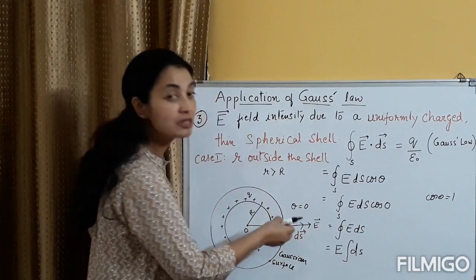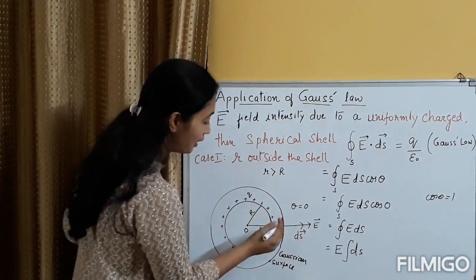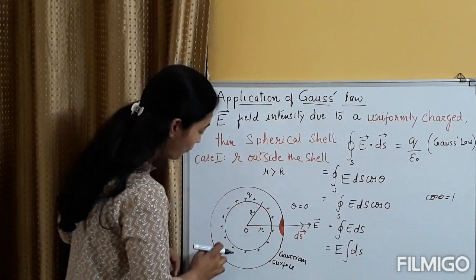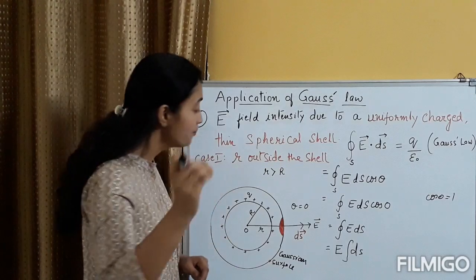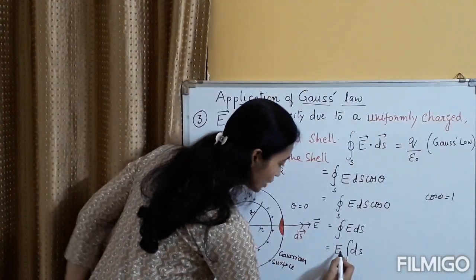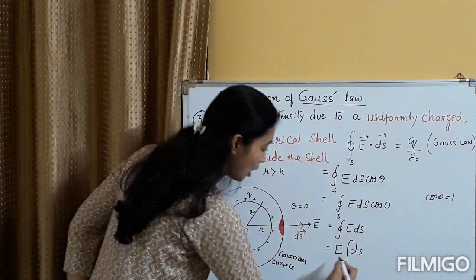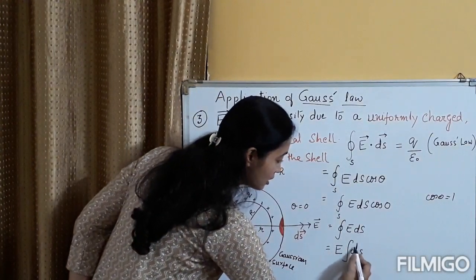The field is constant at all the points of the Gaussian surface because they are all equidistant from the shell or from the center. So electric field being constant comes out of the integral and we have to integrate ds.